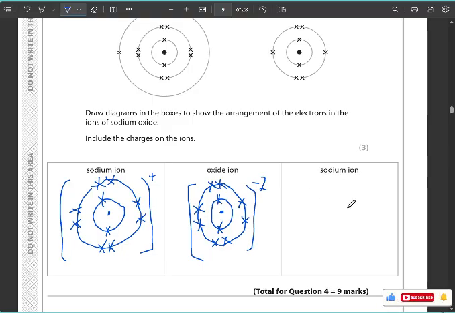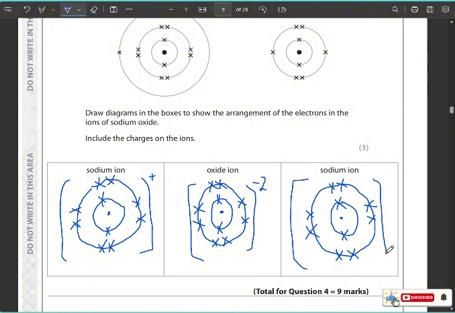And again, the sodium ion should be the same as the first one, with positive 1.